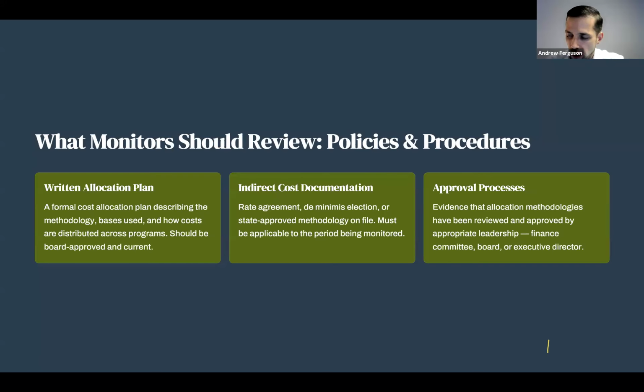I would look at Uniform Guidance first, and then the CSBG as well, if it's specifically a CSBG issue. But what I would go to first is Uniform Guidance and the cost principles included there.